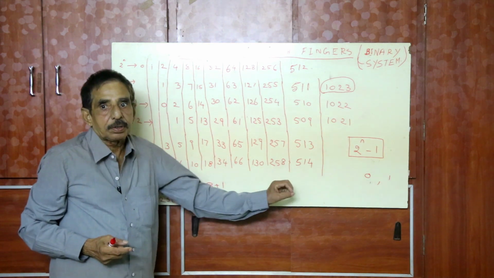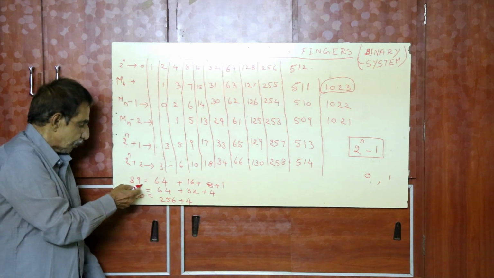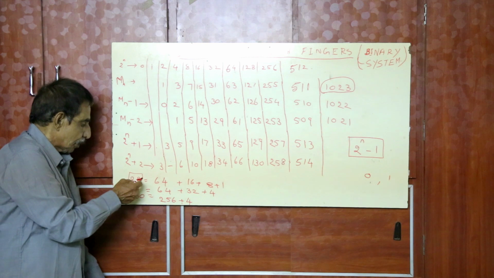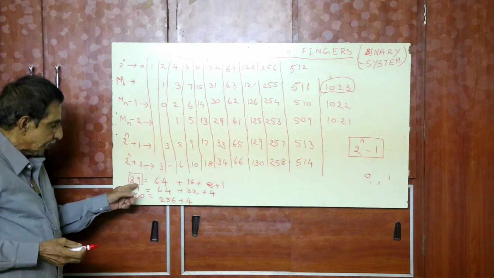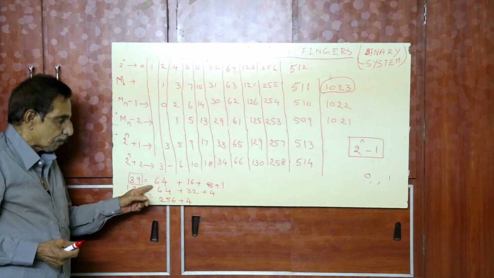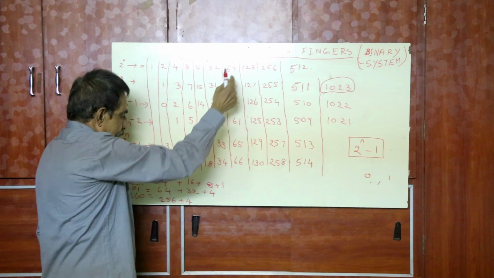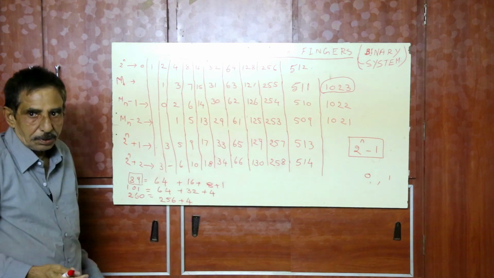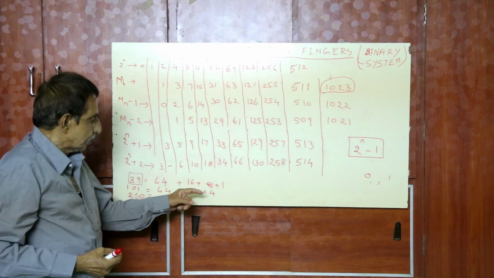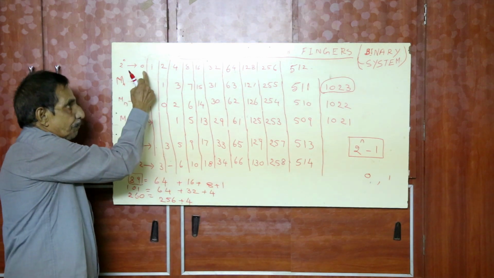Suppose you want one particular number, suppose 89. 89 can be written as the sum of certain 2 to the power of n numbers. Any number if you want, you can write that number as the sum of 2 to the power of n numbers.